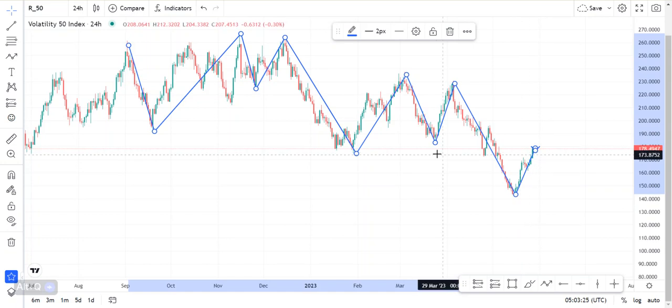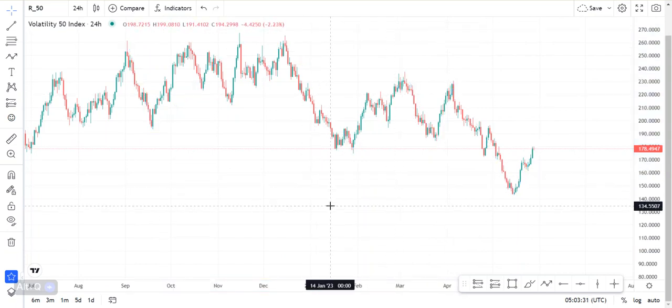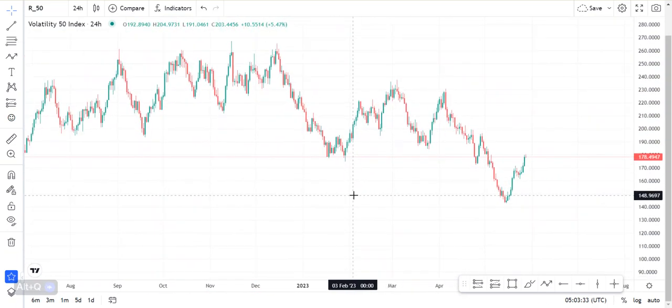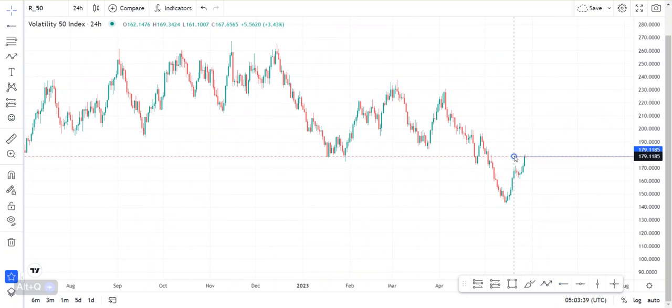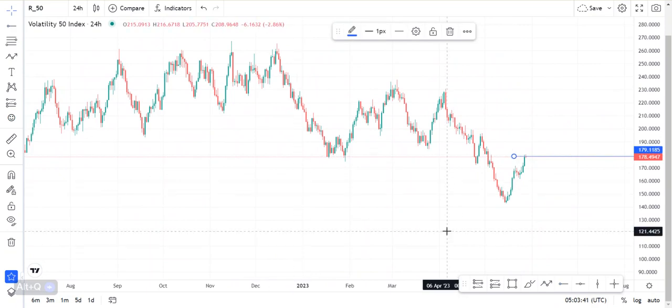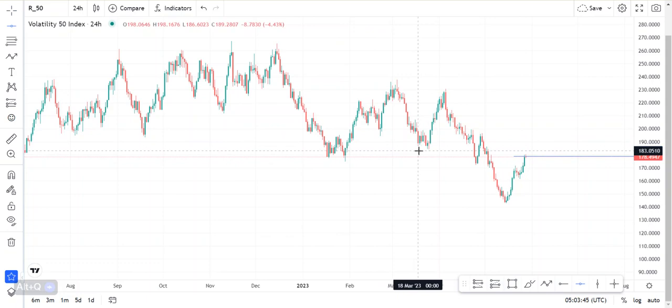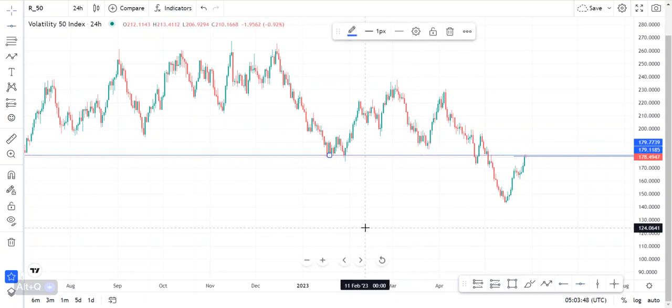Then we expect that the market should retrace around this zone. You look at this zone, you see that a lot of things have happened on this zone.